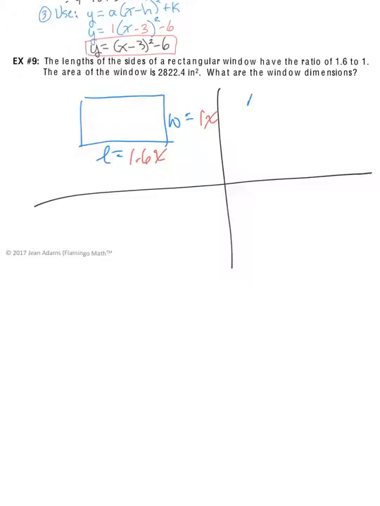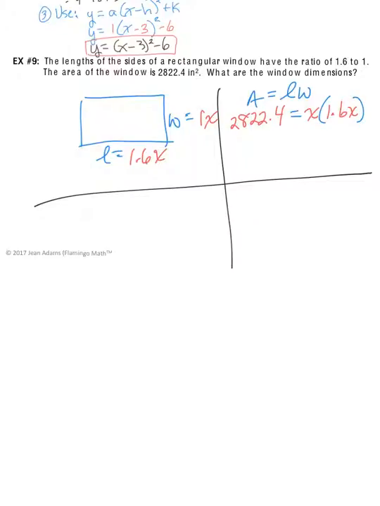So then our area formula, which is length times width, becomes, we're going to replace area with 2,822.4, equals, and then our length times our width is going to be x times our 1.6x.